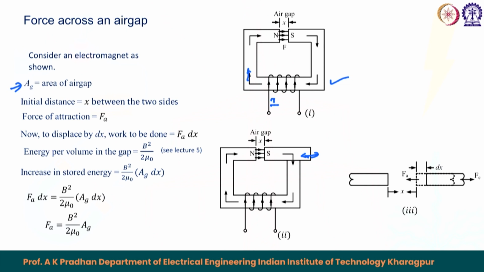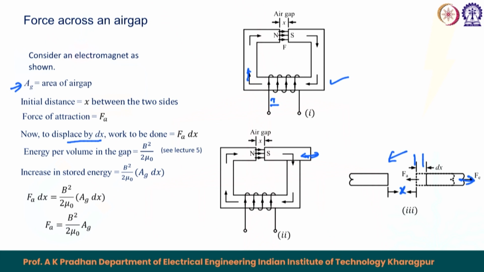Now, to displace the south pole by a distance dx as marked here, the external force exerted against the pulling force becomes F into dx.